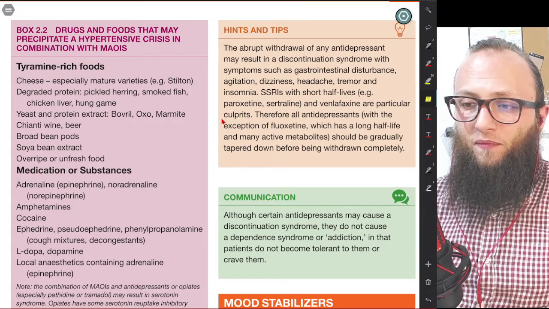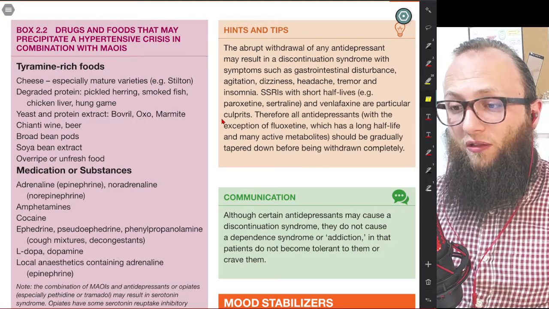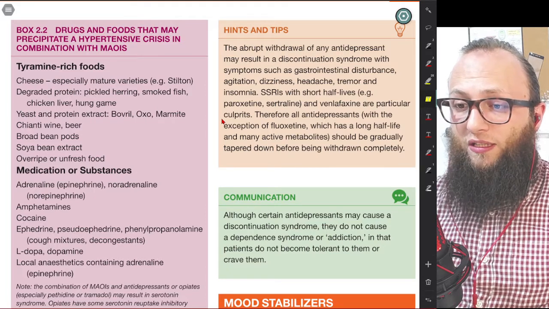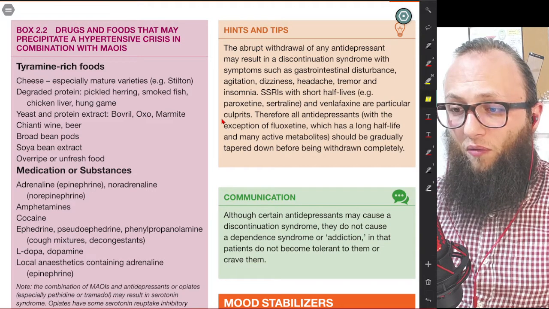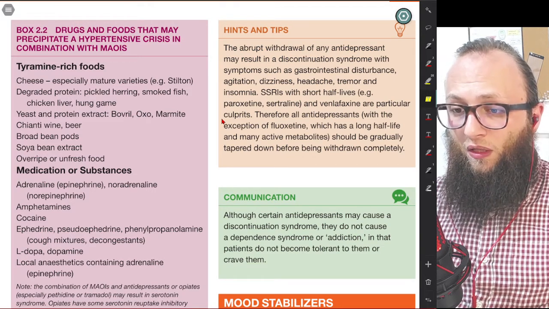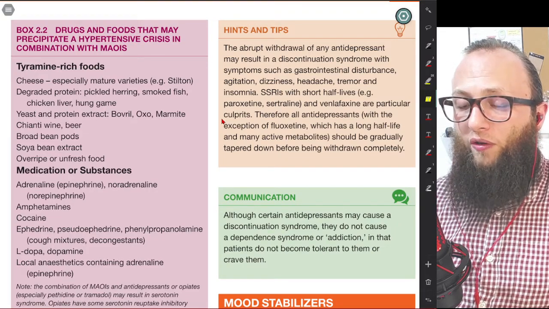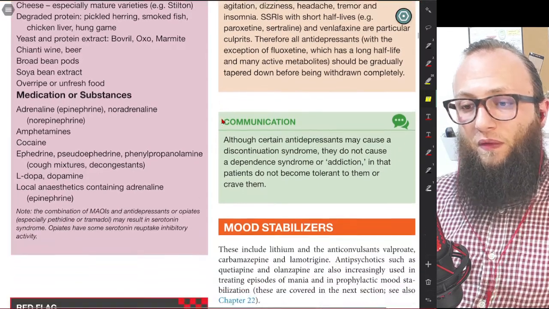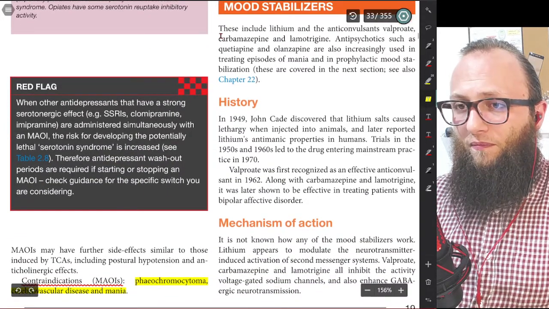So, we have another tip, a communication tip. Although certain antidepressants may cause a discontinuation syndrome, they do not cause a dependence syndrome or addiction, in that patients do not become tolerant to them or crave them. Okay, what about mood stabilizers?